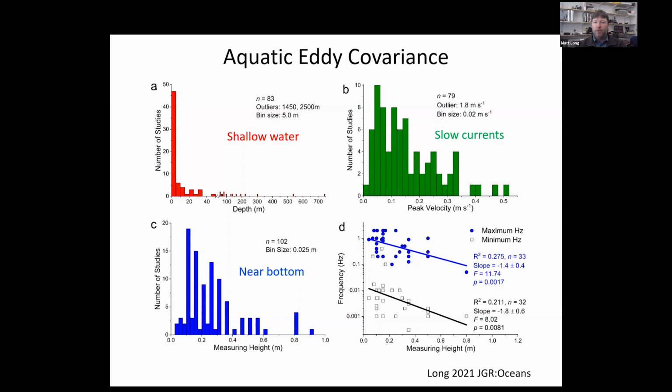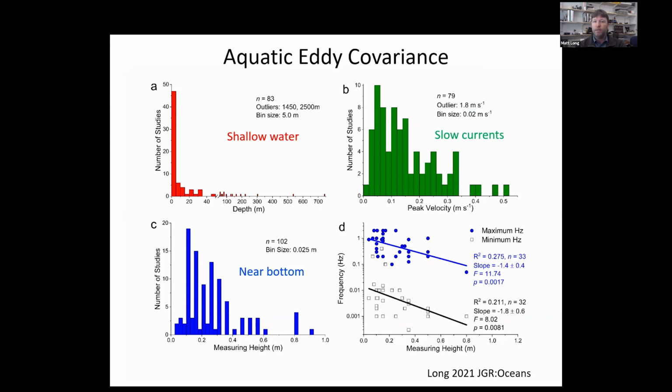And then in the figure on the right, I'm going to talk a little bit about frequency analysis and how we can use analysis in the frequency domain to actually calculate fluxes and remove some of the biases and apply corrections to improve our data resolution. So we have the measuring height on the bottom in the bottom right graph, and we have the frequency of the contributions.